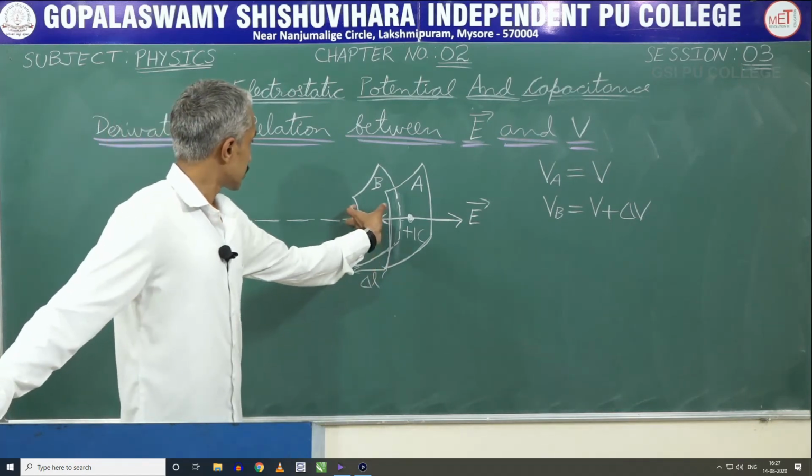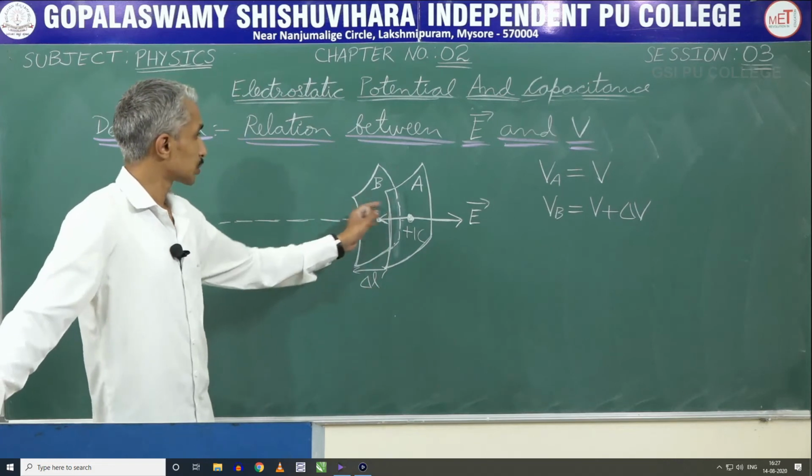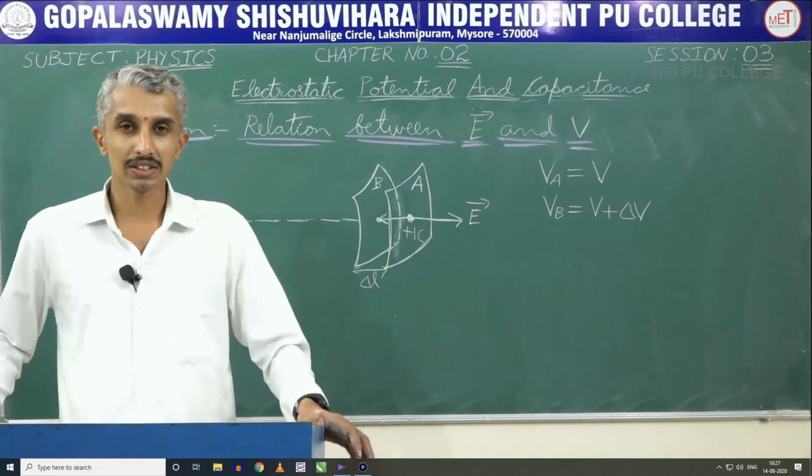So there is a small distance between A and B. As you move towards B, the potential increases and let it be V plus dV.